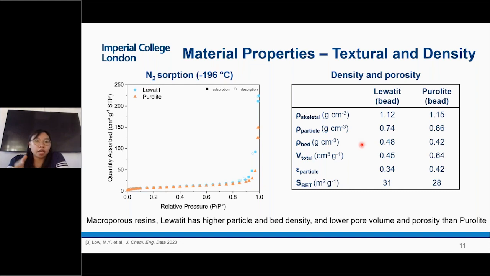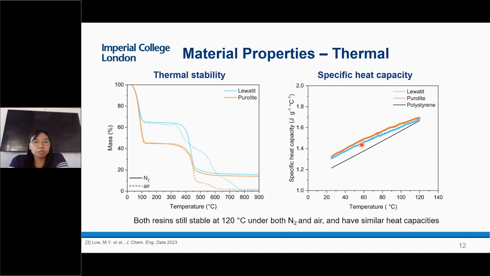And I'll just note that all of these measurements were done on the dry sorbent. So these materials are basically shipped with like 50% water content, but all of the densities we measured were from degassed material. And then for the thermal properties, we looked at its thermal stability. So again, you can see that both materials lose quite a lot of water, but then the material itself is pretty stable up to almost, at 120 degrees, it's still stable in both nitrogen and air, and 120 degrees is already on the upper end of temperatures that would be used for a desorption process.